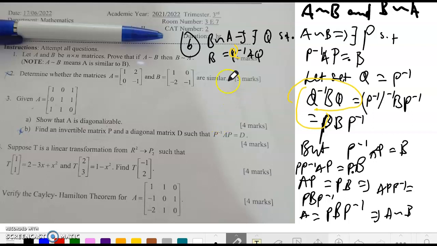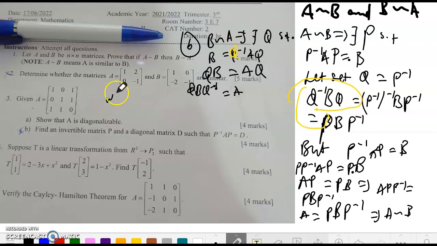This will imply that QB will simply be equal to AQ. Of course, what this tells you is that Q B Q inverse will simply be equal to A.